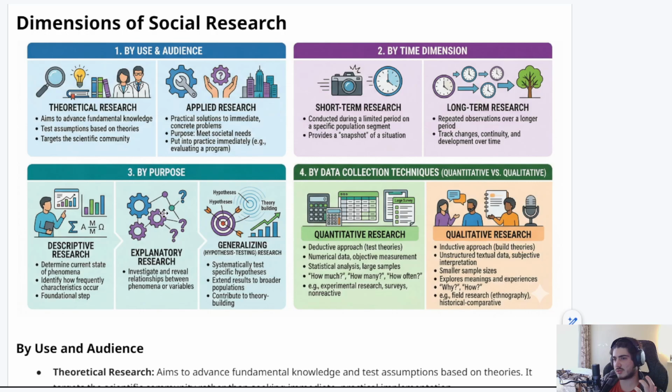Whereas explanatory research just tries to go deeper into your findings in the previous descriptive research. It seeks to actually analyze what your data means because in descriptive research, you found out a bunch of data points, you figured some stuff out, but then you want to dive deeper into those. Then you go into explanatory research and investigate and reveal relationships between phenomena or variables like, what was it?